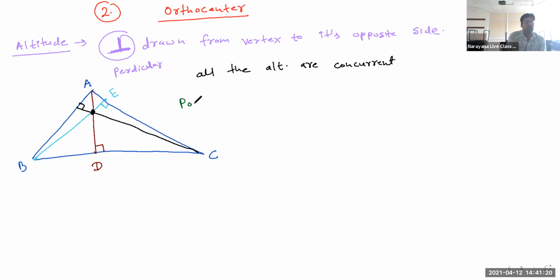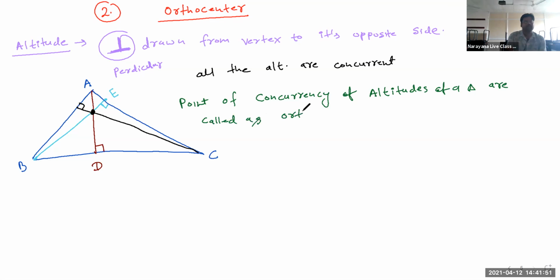It is the point of concurrency of the altitudes of a triangle. Okay, it is called the orthocenter.